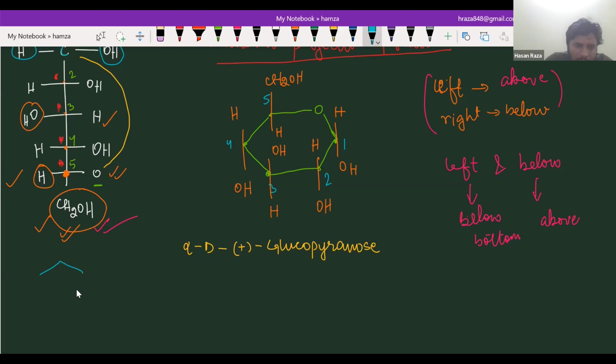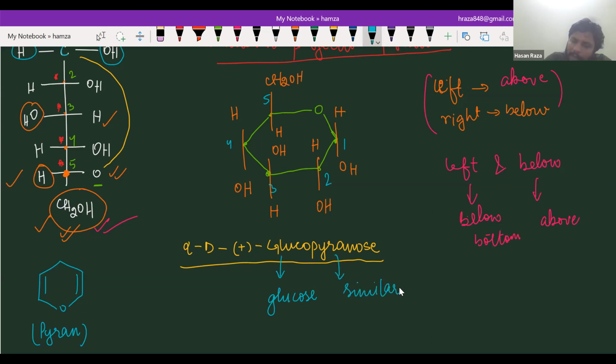Pyrene has a structure. Pyrene is this. This is a compound that is called pyrene. Now see what happened here. I just wrote alpha D plus glucopyranose. So basically this gluco means it is glucose, and pyranose is similar to pyrene. That's why it is pyranose.